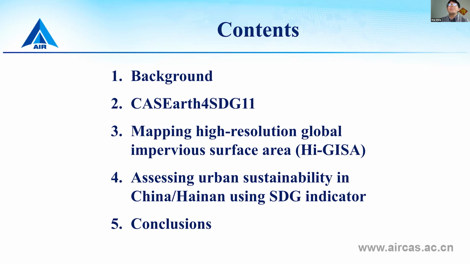The third part is about one of the indicators belonging to SDG 11, 11.3.1, which is mapping the high resolution global impervious surface area. We call it the HGISA product. The fourth is about using this product and some other data to assess the urban sustainability in China, and also in one of our demonstration provinces, Hainan province. The fifth is some conclusions.